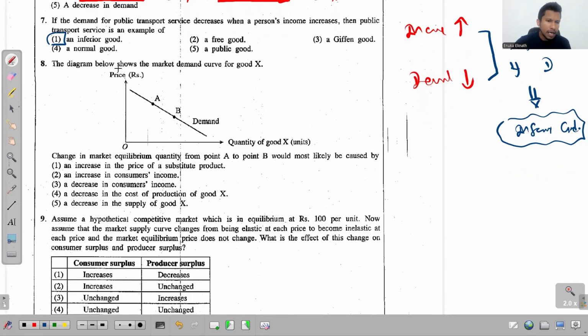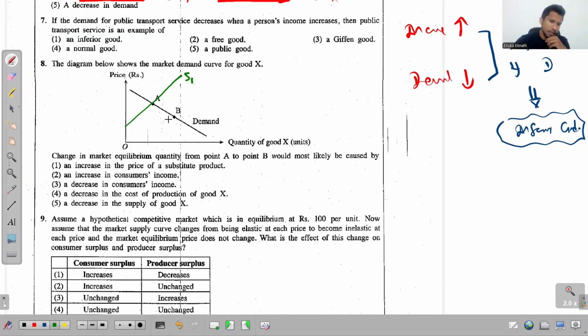This says the diagram below shows the market demand curve for good X, and a change in market equilibrium quantity from point A to point B. Equilibrium changes from A to B, which means even if they haven't shown it, we need to assume this is where the initial equilibrium was, so the supply curve must be here.